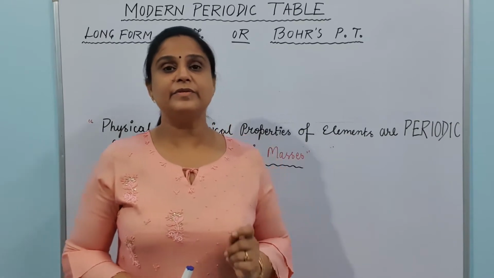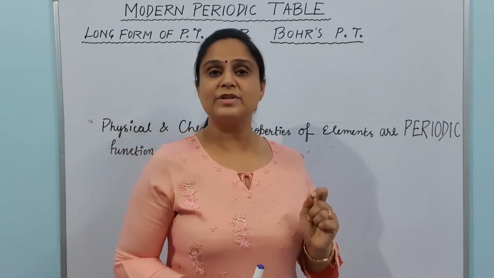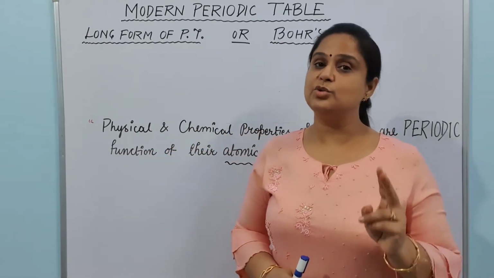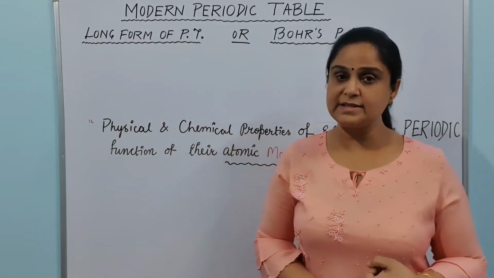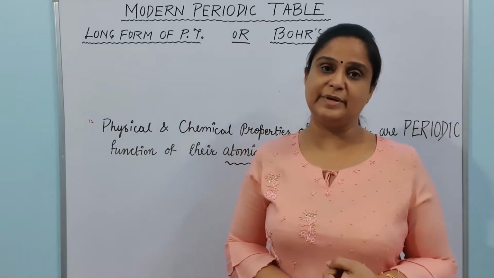In the last video, we were talking about Mendeleev's periodic table and we came to know that Mendeleev was arranging the elements in his table using two concepts. The first one, he was arranging them in order of increasing atomic masses, and the second thing was that he was taking care of the chemical properties of the elements also.